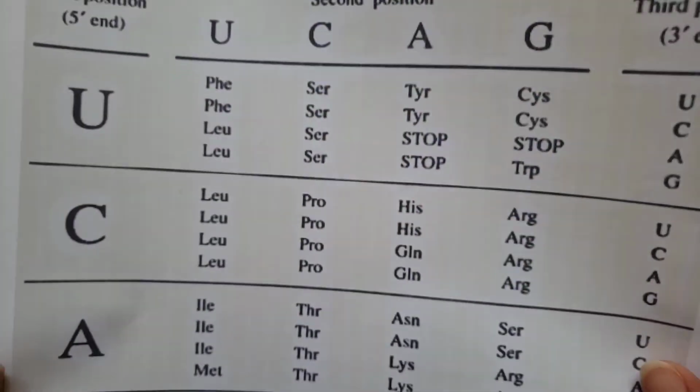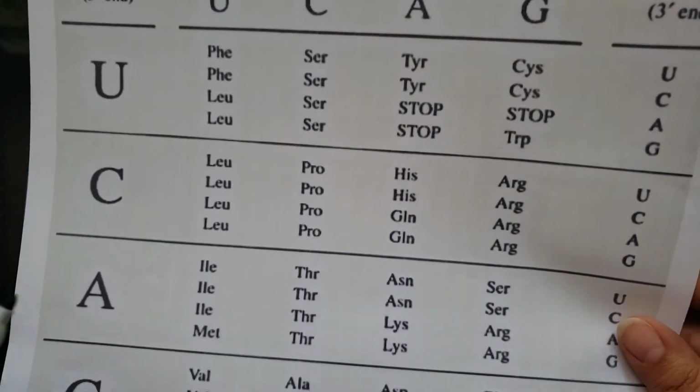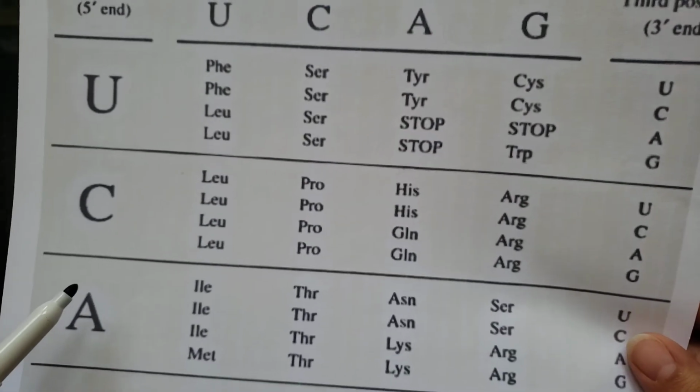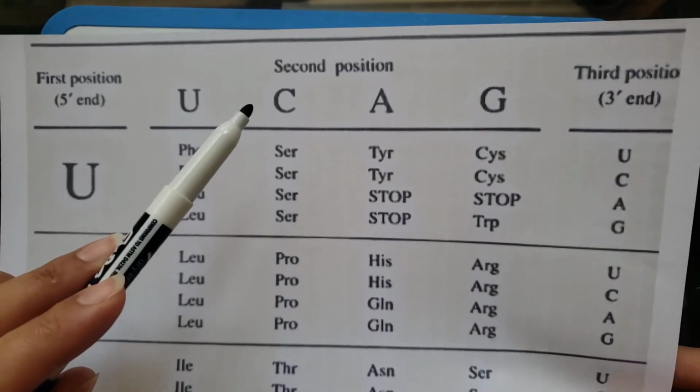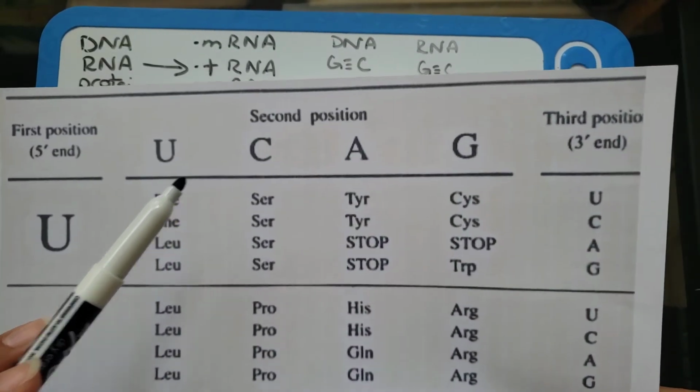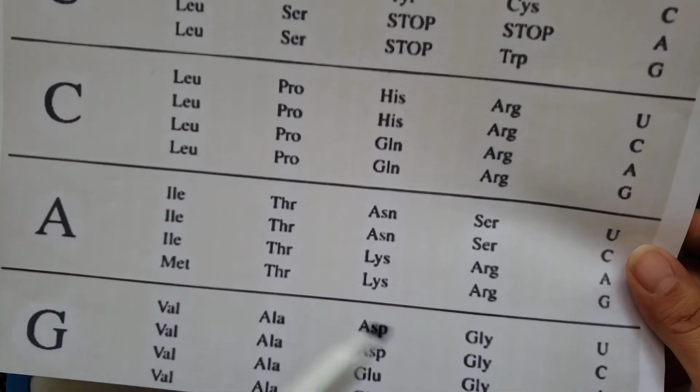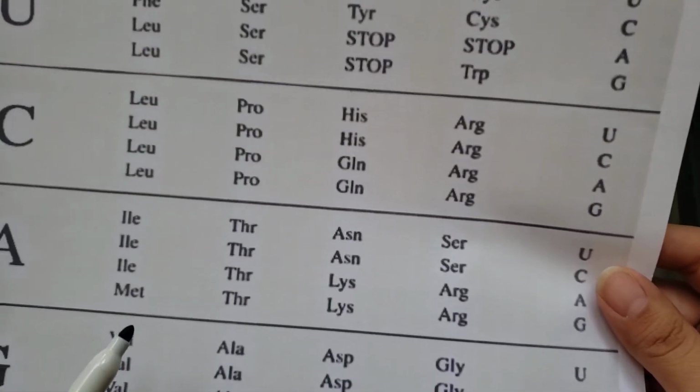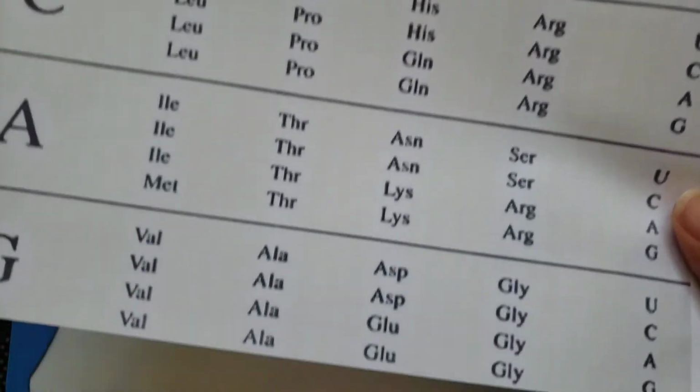All right. So for met, you have an A for the first position letter. Then for the second position, you have a U. And then for the third position, you have a G. So when you go over here, you have a met.